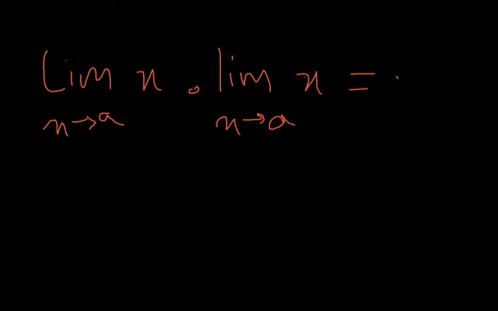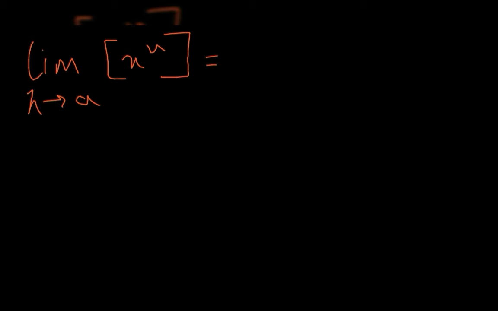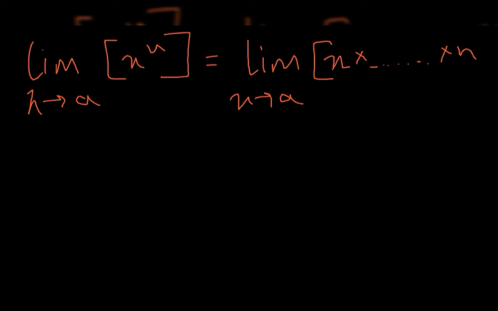So we get a into a, which is a square. In that same way, let's say we have n values. If we have limit x tends to a of x to the power n, we can write it as limit x tends to a of x into x, and it will go on till x.